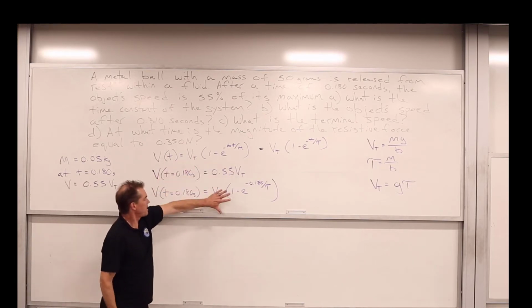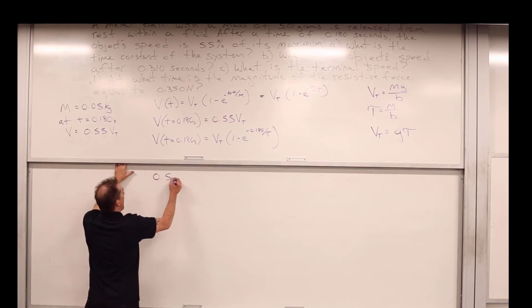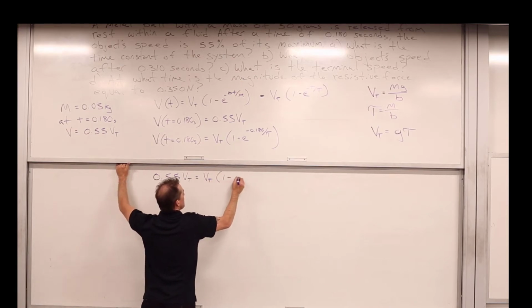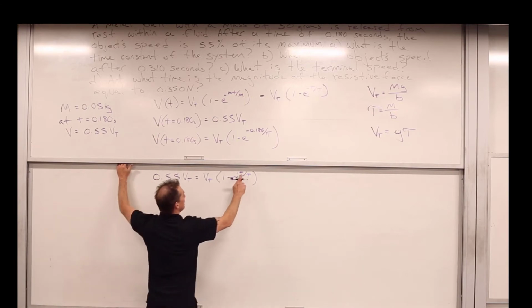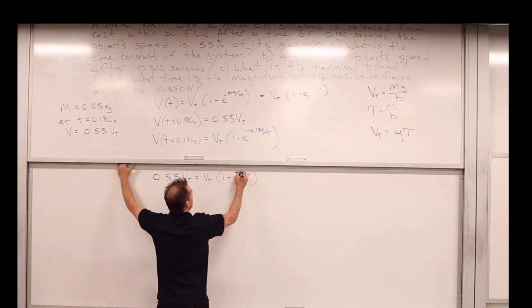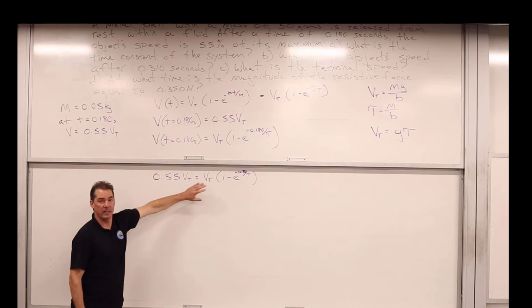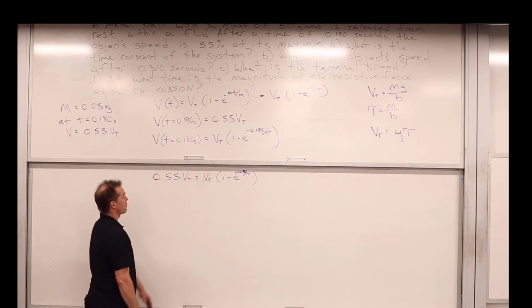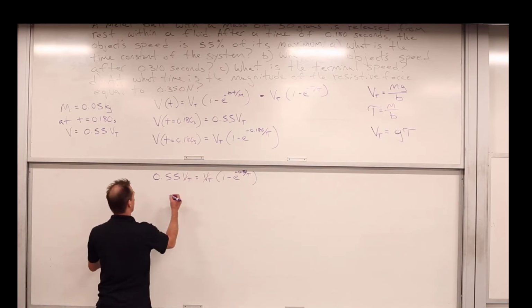So this has to be equal to this: 0.55 v sub t equals v sub t times 1 minus e to the negative t over tau, with t equal to 0.180 seconds. The v sub t cancels out, and we're just left with the fractional value of v sub t, which is 0.55 in this case.